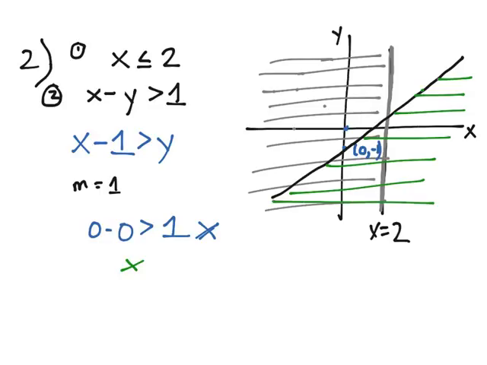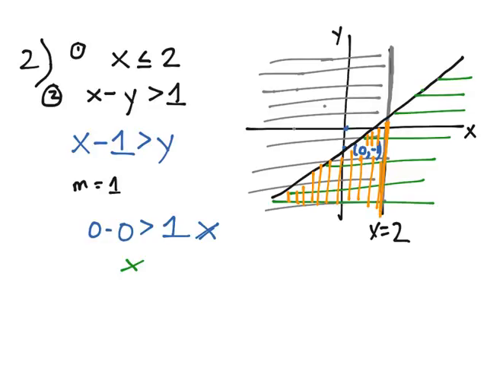Now, the answer to this system is the region on the graph which satisfies both the inequalities. So for us, that would be the region where the green and gray intersect, or this region over here. Make sense?